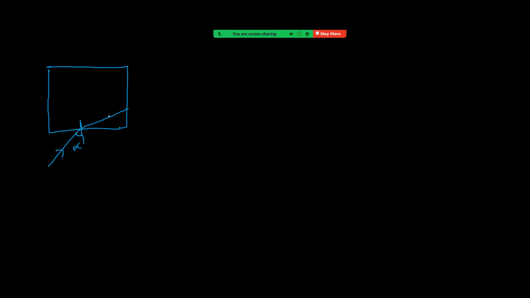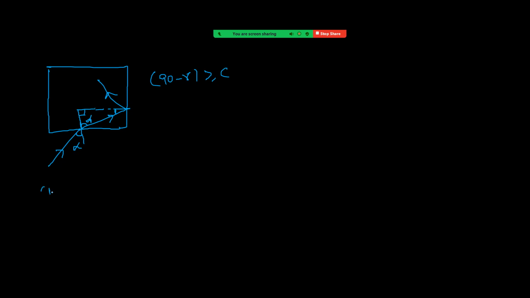Then they will fall on the vertical face. They should undergo TIR. Okay. Again, this is alpha. Sorry, this is r. This is 90. This is now 90 minus r. If 90 minus r is greater than or equal to c, this undergoes total internal reflection, right?